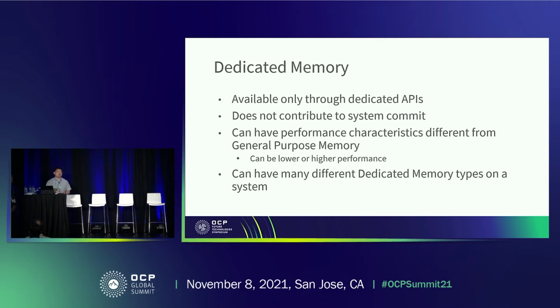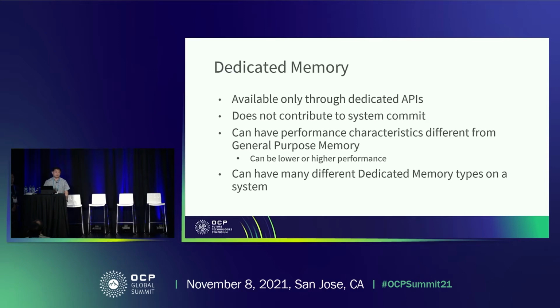The new category of memory that we're going to see in the future is something that we call dedicated memory. Dedicated memory will be available to application software through dedicated APIs that are different from today's APIs. It will not contribute to system commit.